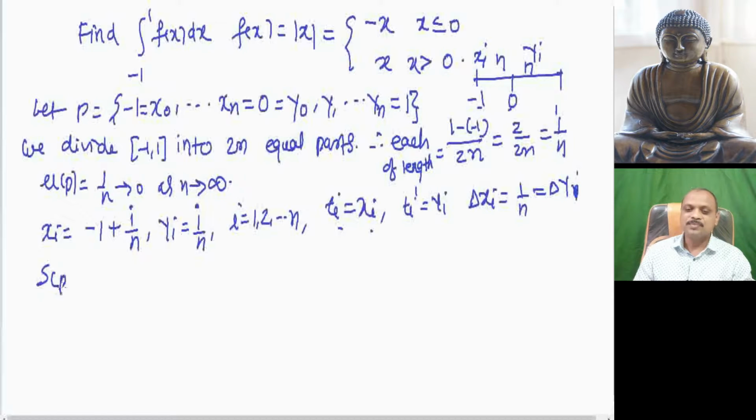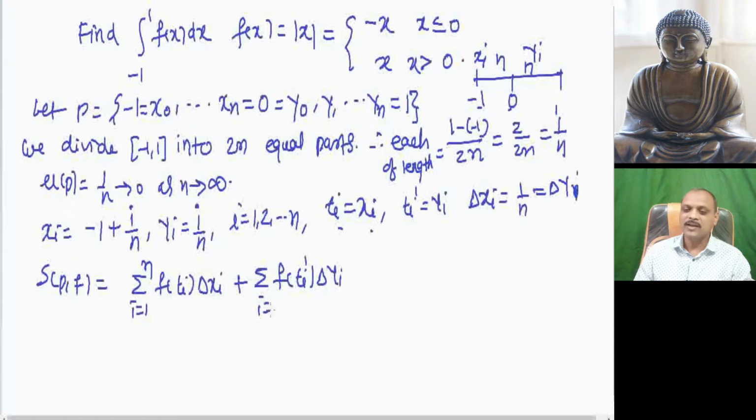Then this sum S(P, f) is divided into two parts: summation i equal to 1 to n of f of ti into delta xi, plus summation of f of ti dash into delta yi, i equal to 1 to n.